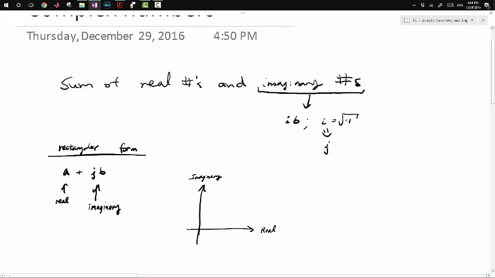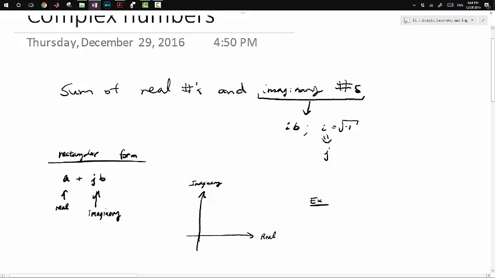So let's say, for example, we're given the rectangular form 10 plus 2j. Then we're just going to go 10 units on the real axis and 2 units on the imaginary. So this point we'll call 10 plus 2j.